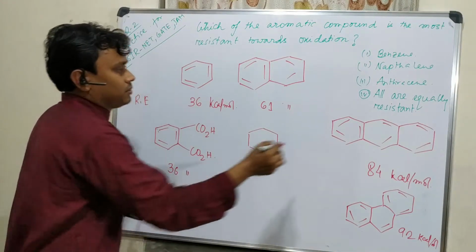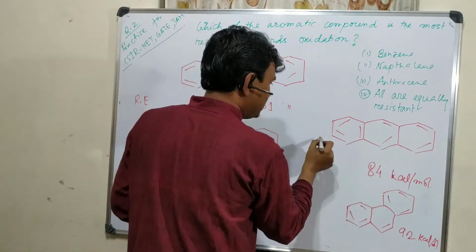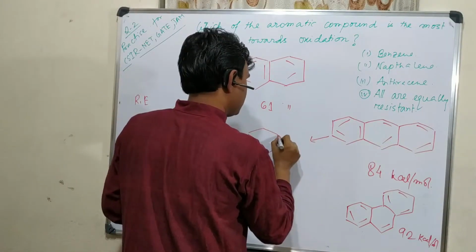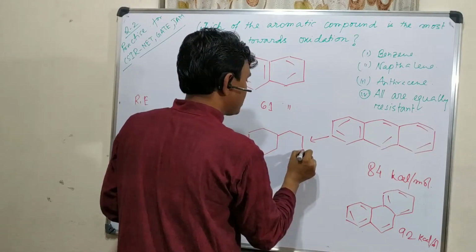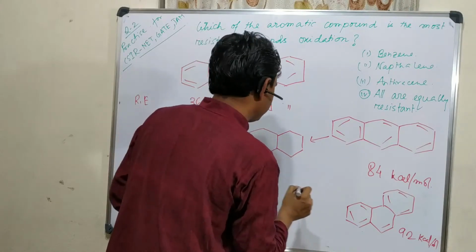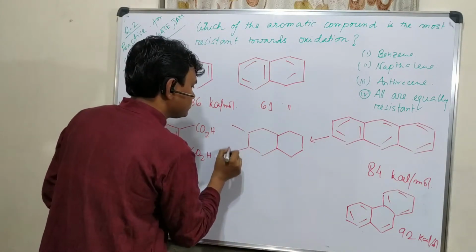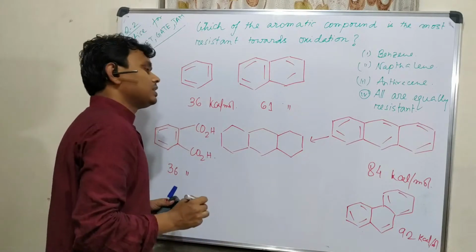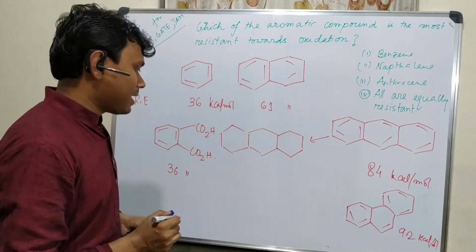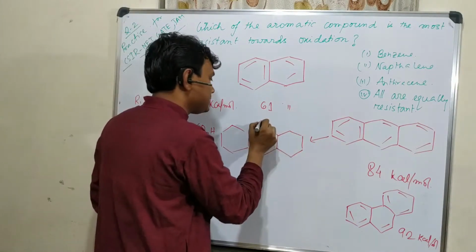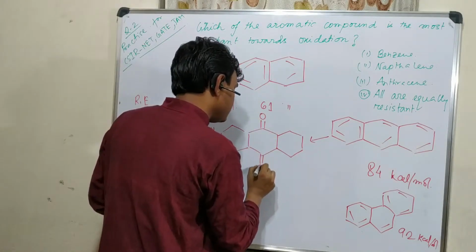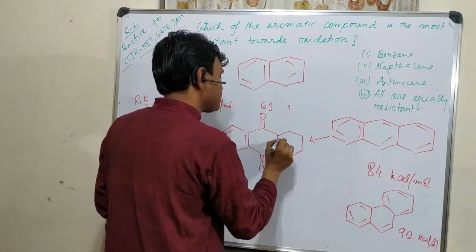If anthracene is oxidized, what could happen? Generally it oxidizes at the in-between ring. Why?